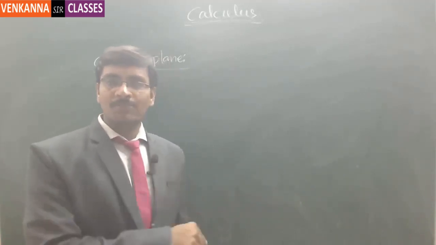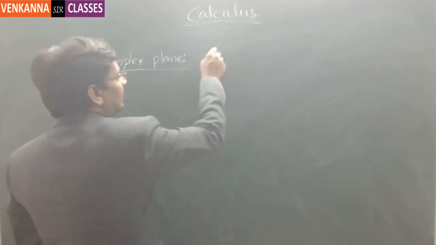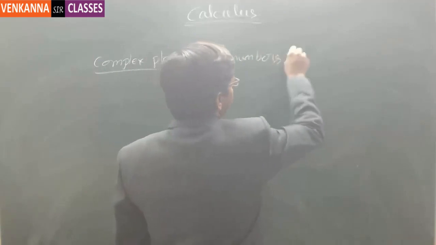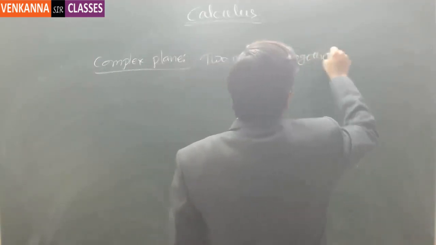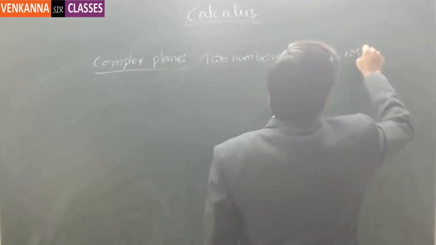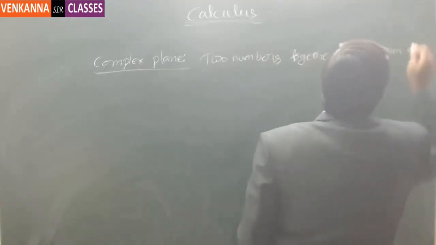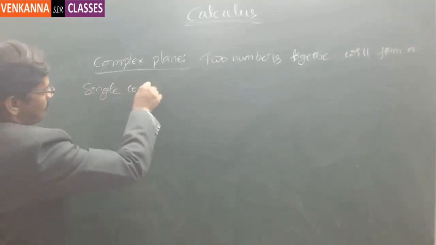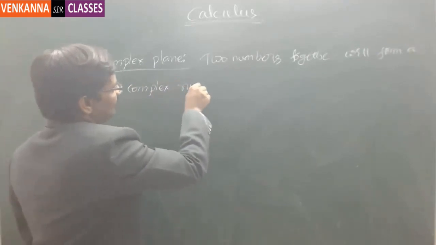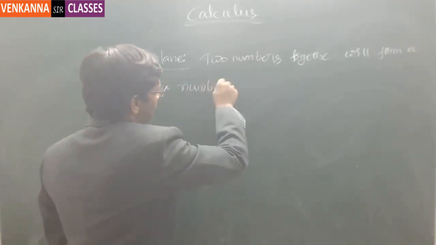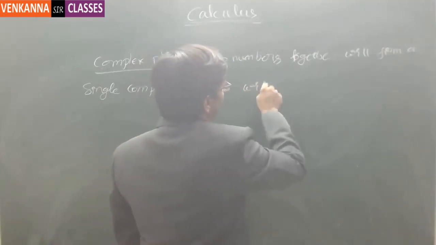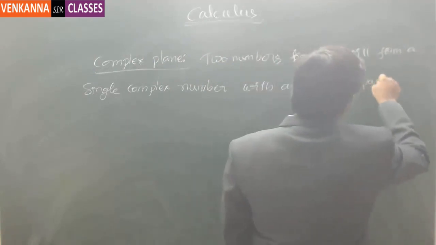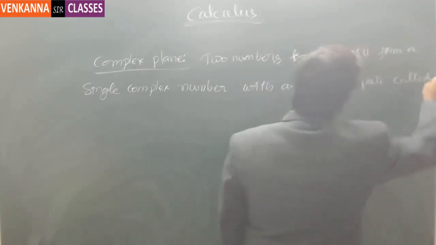But here it's a complex number, which means two numbers together will form a single complex number with an ordered pair, called a complex number.